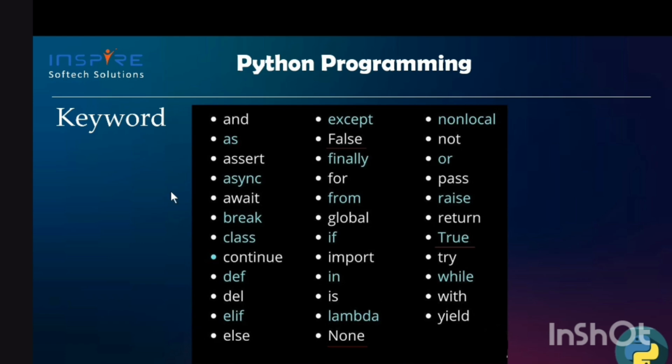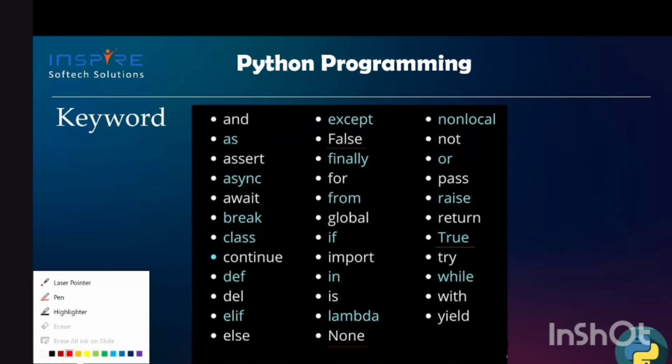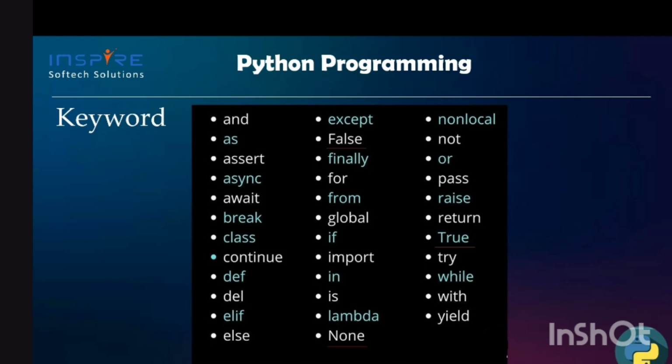Finally, for, from, global, if, import, in, is, lambda, None, nonlocal, not, or, pass, raise, return, True. True also has a capital letter. Then try, while, with, yield.